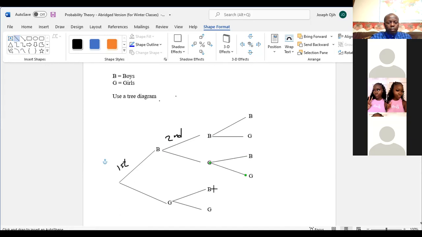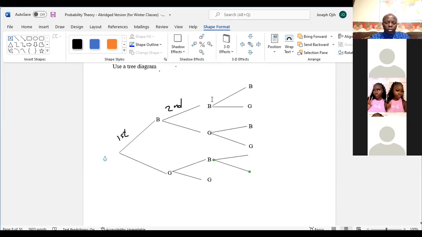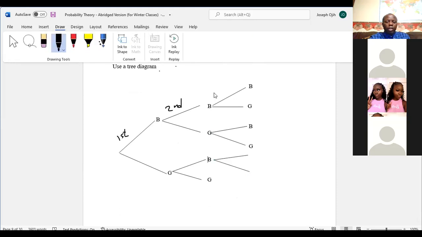Now boy or girl. So this is for the third child.